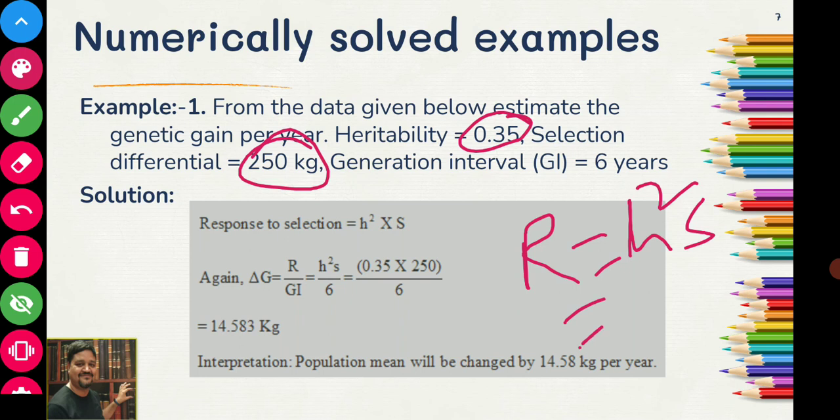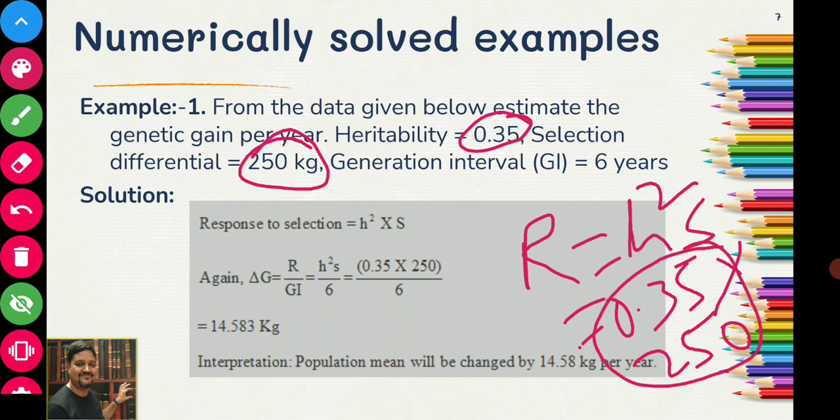So R should be 0.35 into 250. So how much will it come? But this R, 0.35 into 250, will be the response to selection in one generation. One generation means 6 years, as the generation interval is 6 years. But the question is telling you to find the genetic gain per year. So what do you have to do?